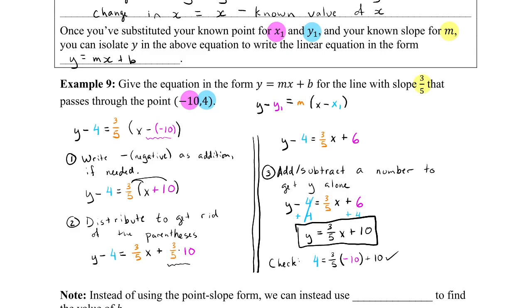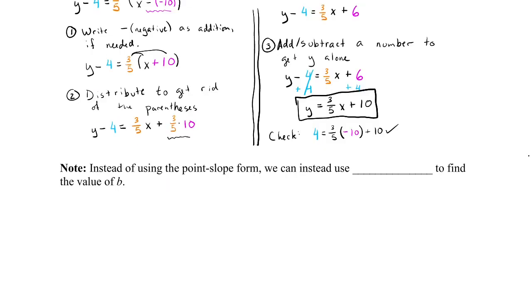Okay, so the point-slope form gives us a really direct, straightforward way of getting the equation given the slope and a point. There is an alternate method. If you'd rather, we can write down the slope-intercept form, plug in the given point, and use algebra to find the value of b.